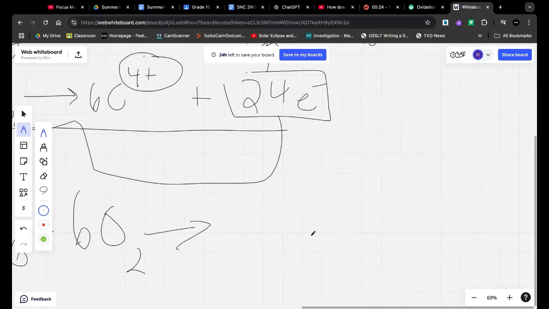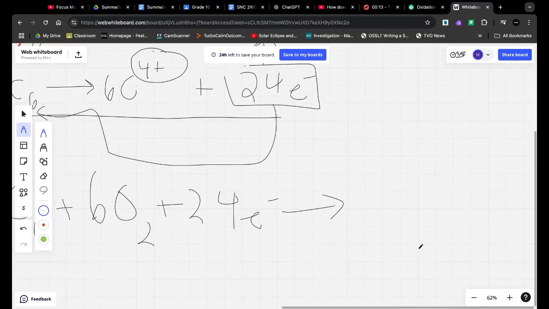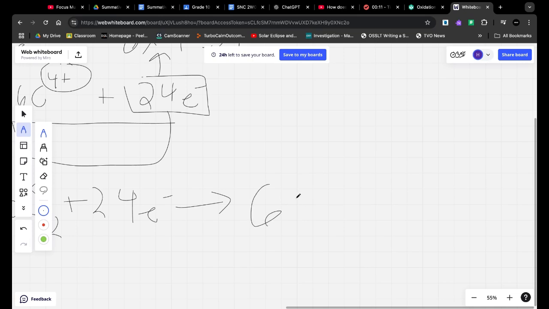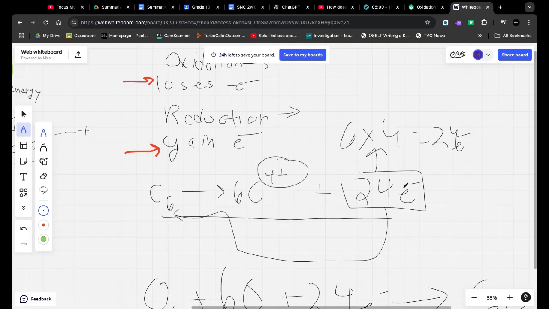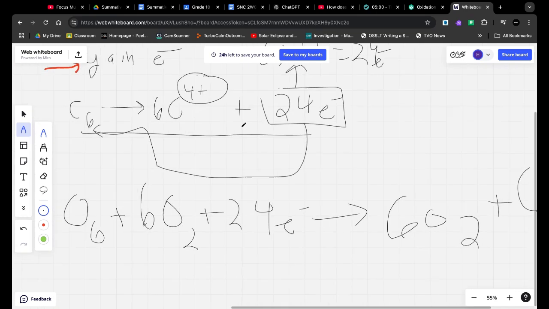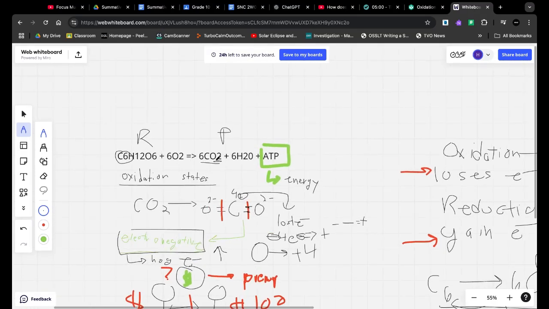That turns into plus 24 electrons, and then we see that in the form of 6O2 plus 6O2. You can see that this 6O2 is actually coming from this equation here, from over here.